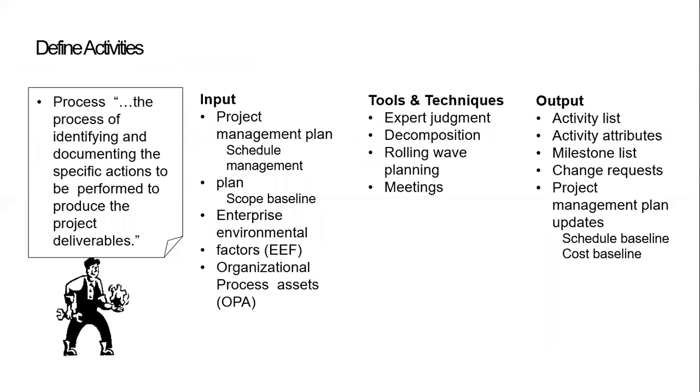Let's move on to the next step. What is the next step? Defining the activities. Now I'm all good. Let's say we go with the predictive model for an example. So what is the process of identifying? It's basically defining. I need to identify and document that so that everybody is aware of it, and the very specific actions to be performed to produce the project deliverable.